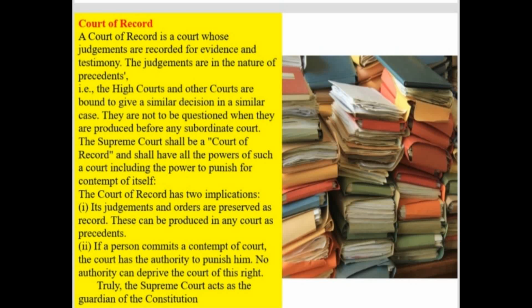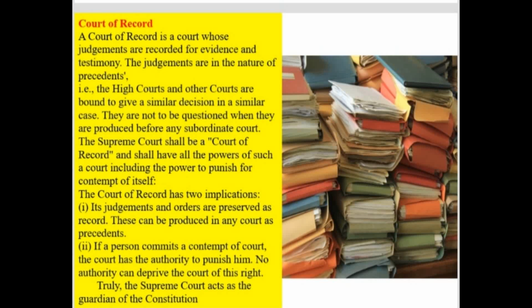One such effect is that in any lower court, when similar cases come, any lawyer taking that case can easily take the stored judgment copy and directly produce it in the court where the similar case has come. That was the one immediate effect of the court of record.